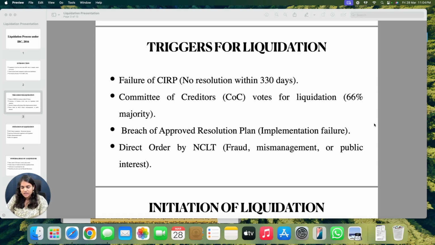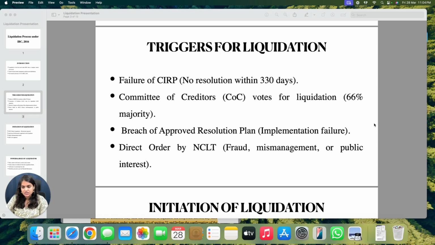Section 33 provides for initiation of liquidation, or the order of liquidation. Let us understand under what circumstances a liquidation order is given. The adjudicating authority may give a liquidation order under certain circumstances.